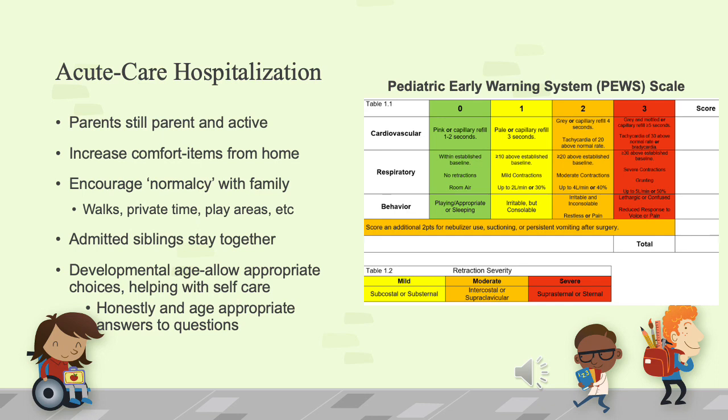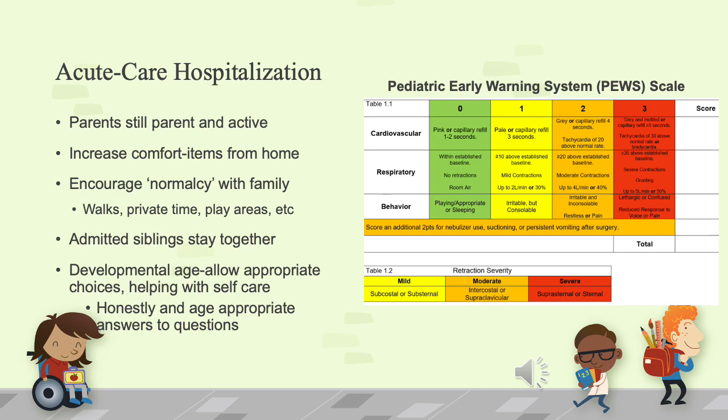On the other side of the spectrum, for cardiovascular, if you assess gray and mottled or capillary refill greater than 5 seconds, that's bad and it's going to get them a score of 3 just for cardiovascular. For respiratory, if they are 5 breaths per minute below their normal respiratory rate, or if they have grunting, or if they're on oxygen greater than 8 liters per minute or 50% of high flow, that will give them a 3.